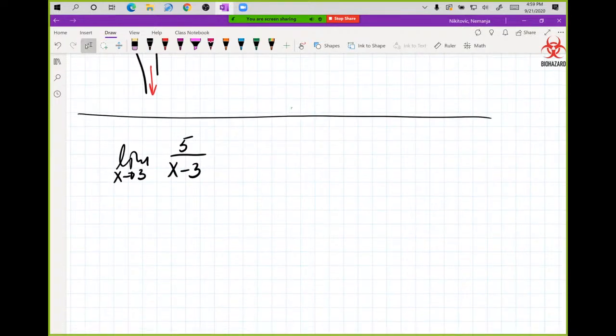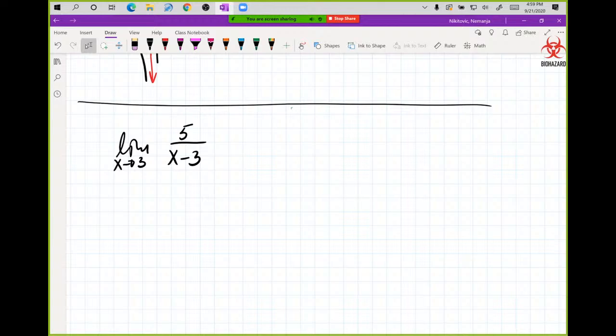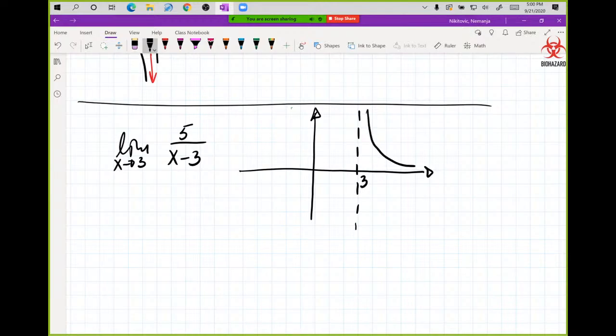In this case, the graph is moved 3 units to the right because it's minus 3. So if I draw this, I would have to use my pre-calculus knowledge of shifting functions and go over here at 3 and draw my 1 over x.